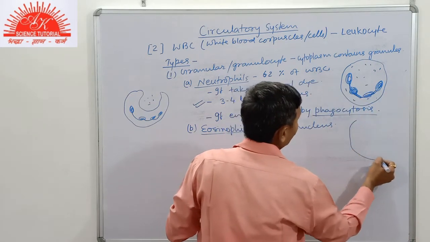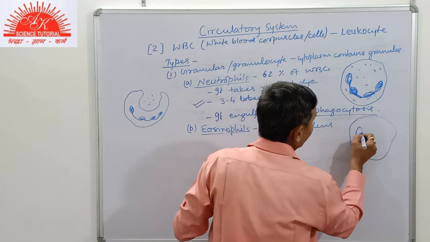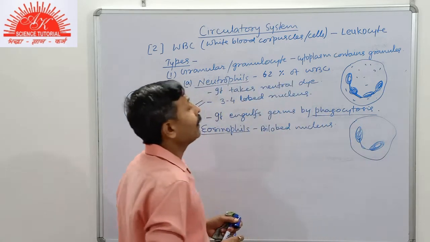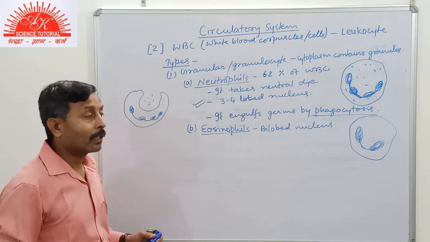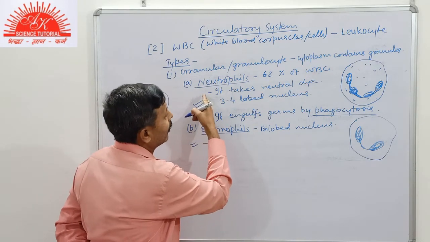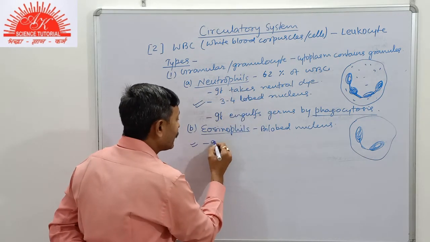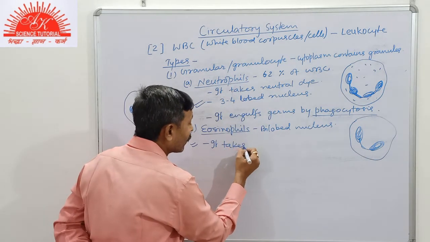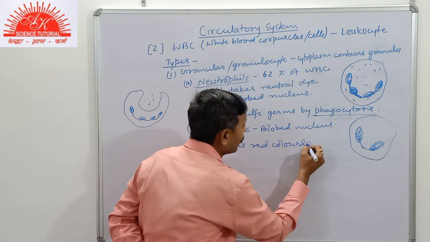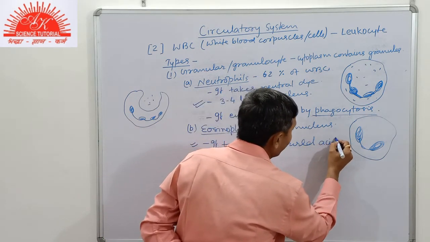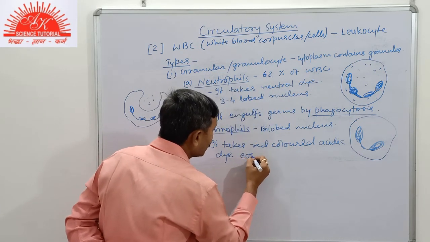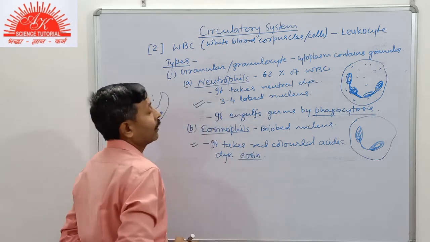Like you see, suppose here is the WBC, then it has just 2 lobes. Bilobed nucleus. The next point, which is also important, is that it takes red colored acidic dye eosine.